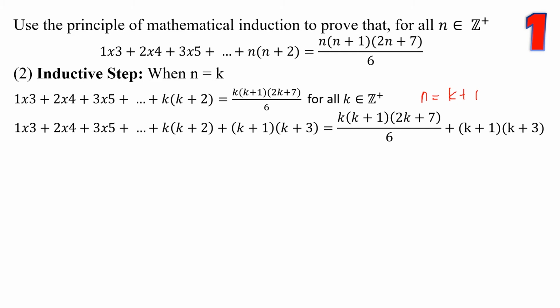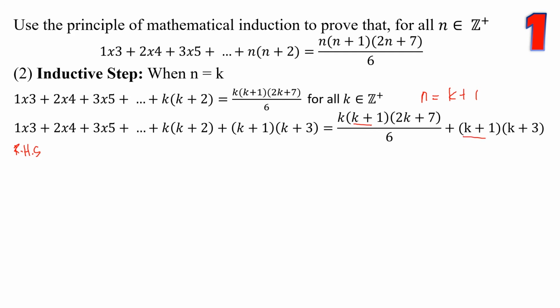At this point, to prove that this statement is true for n equal to k plus 1, we're going to manipulate, or solve for, the right-hand side of the equation. Notice that the two terms in the right-hand side have a common binomial factor, that is k plus 1.